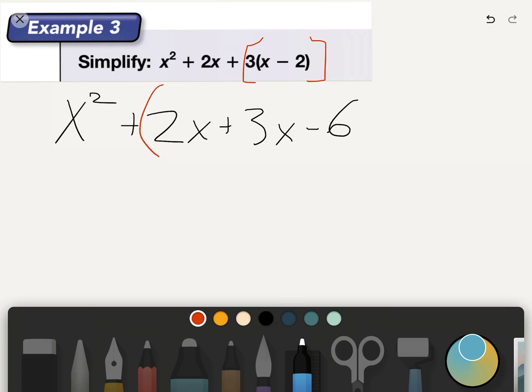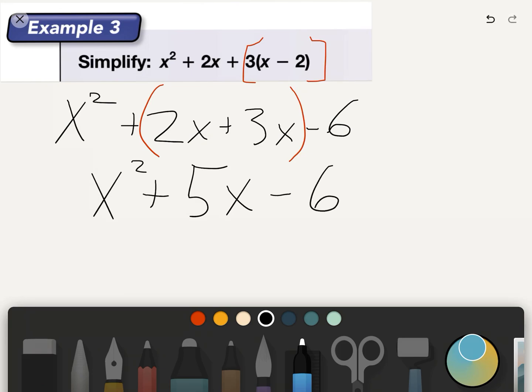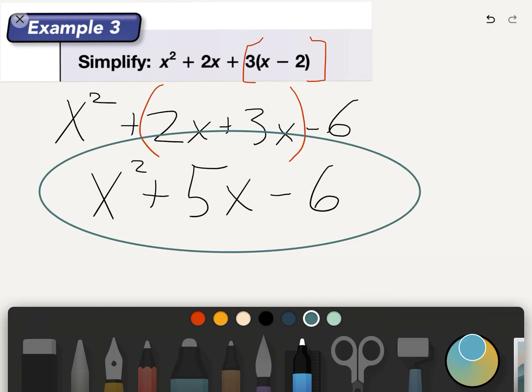But now we can combine our like terms. So positive 2x plus 3x will get us 5x. And there's nothing really much we can do with the rest of these, getting us to our solution of x squared plus 5x minus 6.